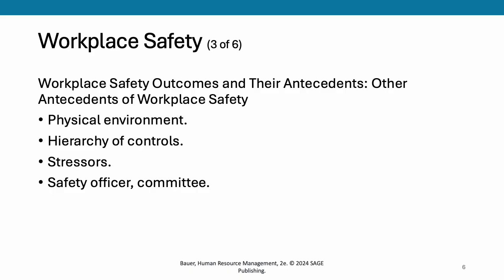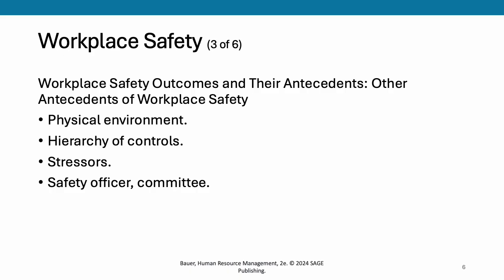And as I said, when we are doing hazard analysis, we're looking at things like the physical environment and what's going on. What kind of controls are in place to protect people, and are they adequate? What kind of stressors are involved in the organization? And so when we are doing hazard analysis, we're looking at how stressed our workers are because we know that stress can lead to accidents and stress can also lead to workplace illness, workplace injury, and also an unhealthy environment for the employee.